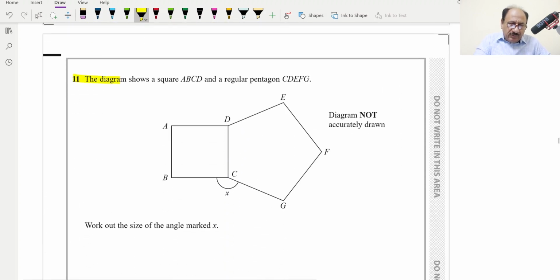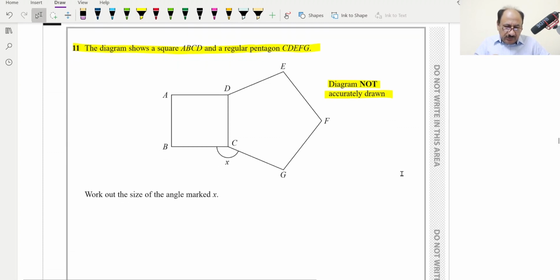Now question number 11 says the diagram shows a square ABCD and a regular pentagon CDEFG, and the diagram is not drawn accurately. Work out the size of the angle marked X. So this angle is required. So what we can do, we can extend this line DC.